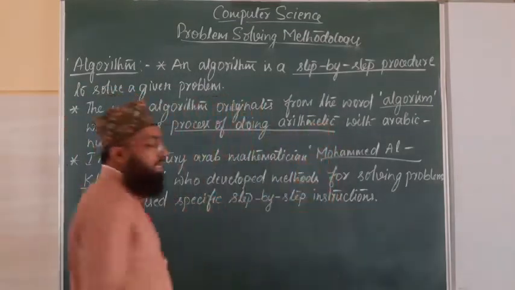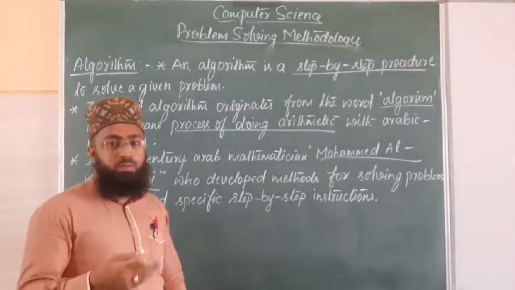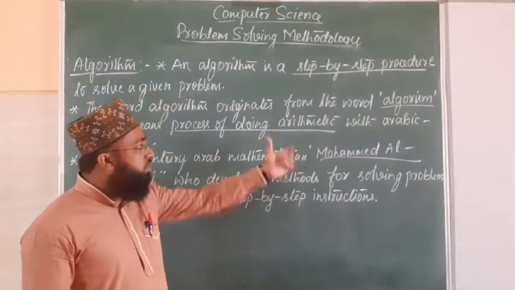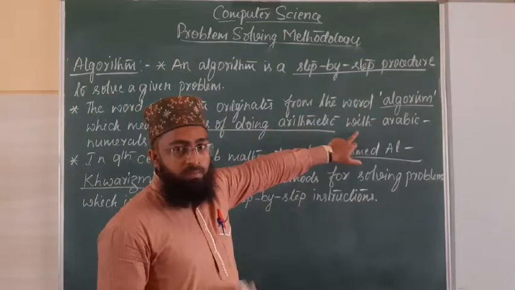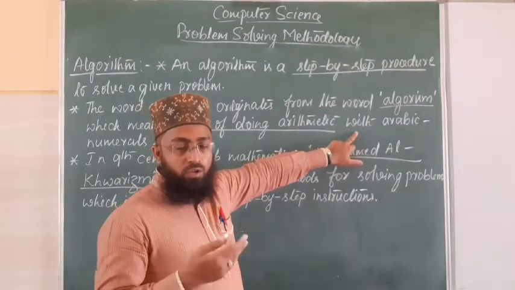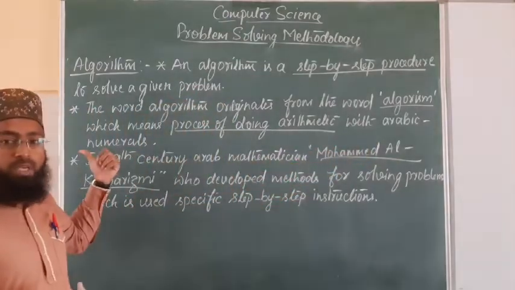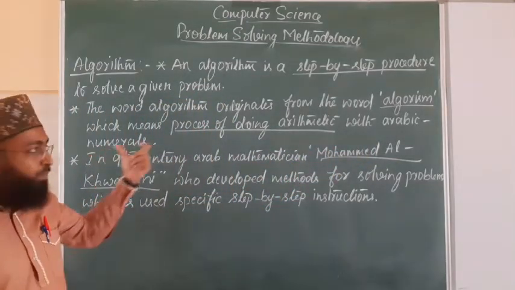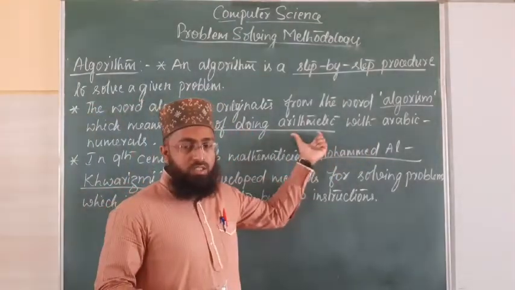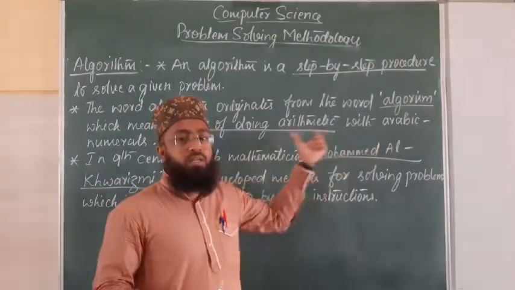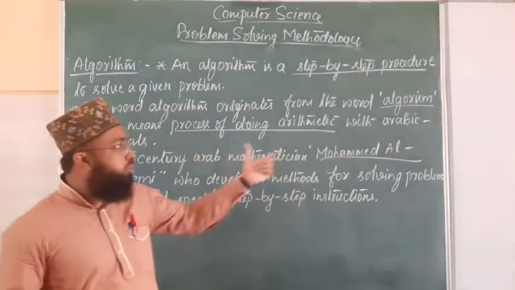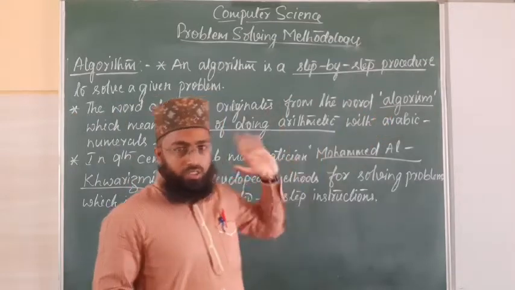What is meant by arithmetic? The arithmetic numbers, the arithmetic problems. It is the process of solving arithmetic problems with the help of Arabic numerals. Along with the arithmetic numbers, we use Arabic numerals. That is called algorithm here.